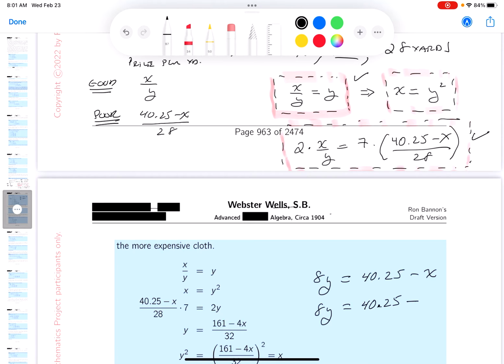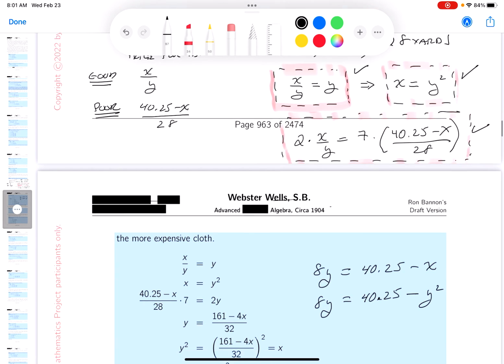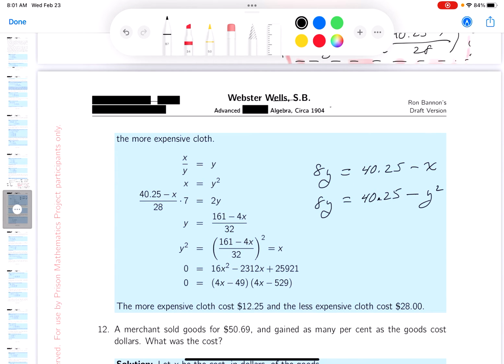Well, it's equal to Y squared. Where am I getting that? Right up here. Now I have an equation in one unknown, and let me write this down for you. I would get Y squared plus 8Y minus 40.25 equals 0. I'm going to complete the square.